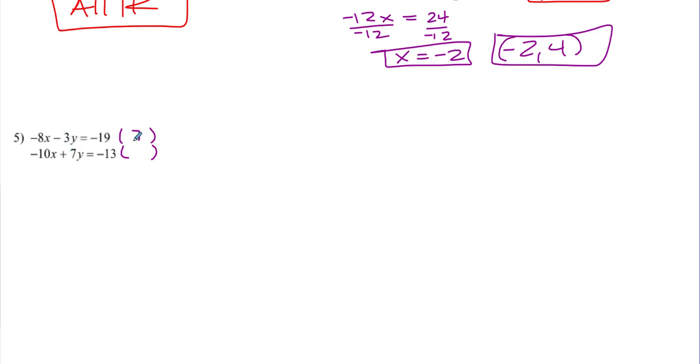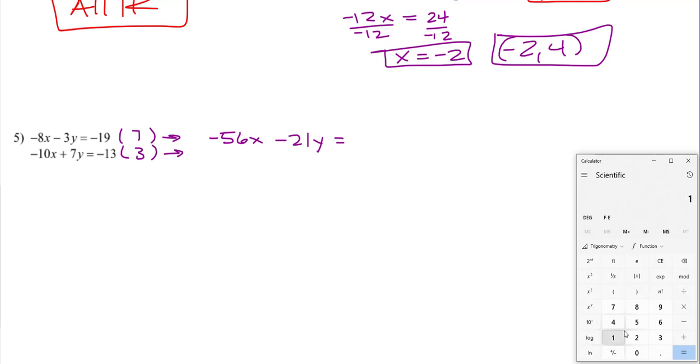So I'm going to multiply this top one by 7, and this bottom one by 3. Alright, let's go ahead and write these out. 7 times negative 8, 7, 14, 20, 28, negative 56x. 7 times negative 3, minus 21y is equal to 19 times 7.